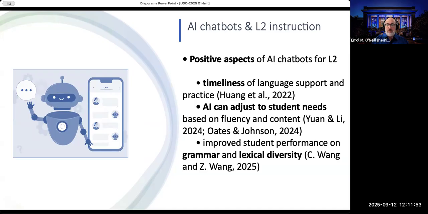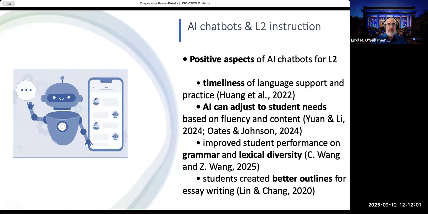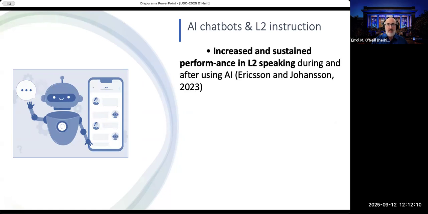It's also been found that student performance improves in terms of grammar and lexical diversity when using AI chatbots. It can also be used for creating outlines. If students have ideas, it can help them create an outline for essays, for example. Other studies have found an increase in sustained performance in L2 speaking during and after AI use.